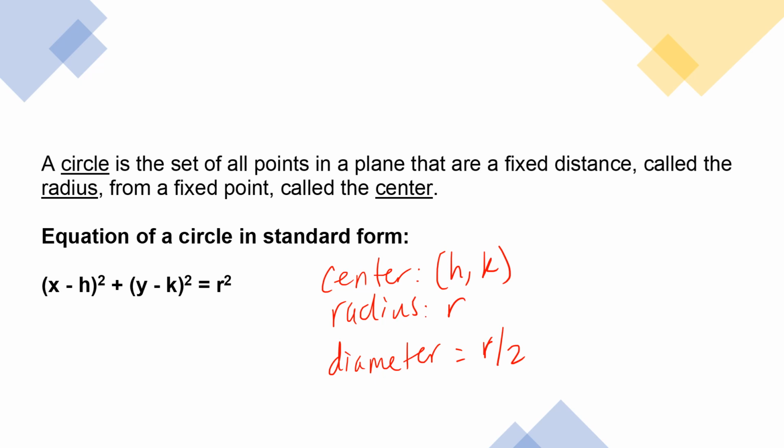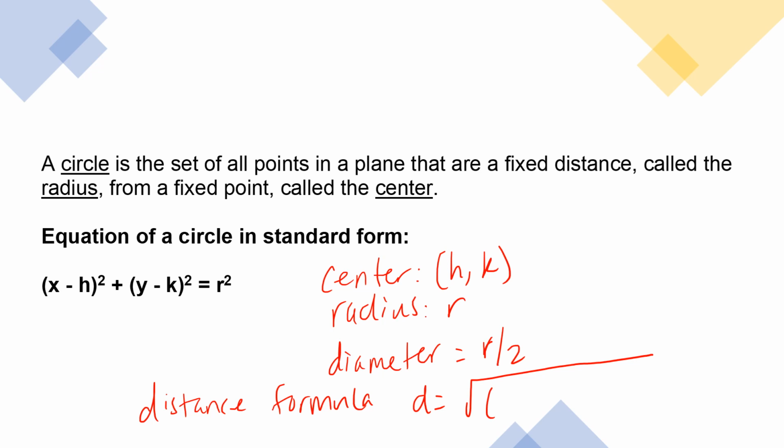Another thing that you may need to recall is the distance formula. If I'm given the endpoints of my diameter, I can find my radius by finding the distance. So the distance formula, if we remember, of 2 points, the distance formula is d equals the square root of (x2 minus x1) squared plus (y2 minus y1) squared.